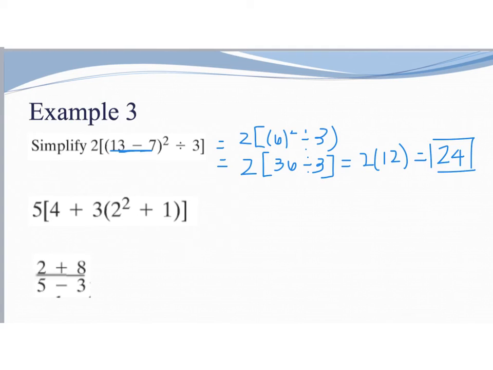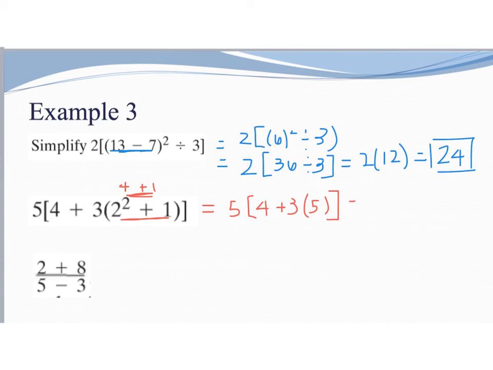For the second part, I'm going to do the same thing. I have to start out with the innermost parentheses. So 2 squared is going to give me 4, and I'm going to add 1 to that. So when I start simplifying, I have 5 times a quantity of 4 plus 3 times 4 plus 1, which is going to give me 5.